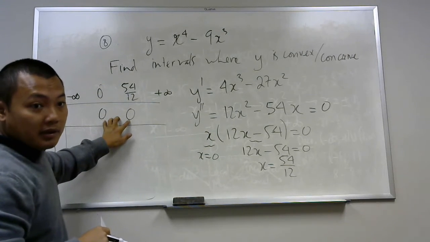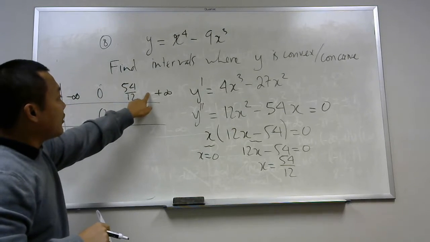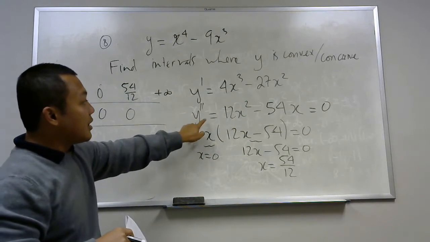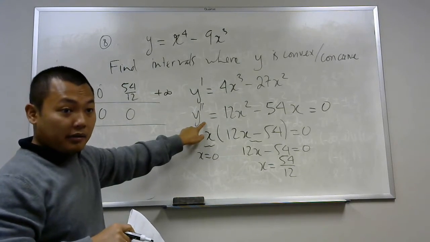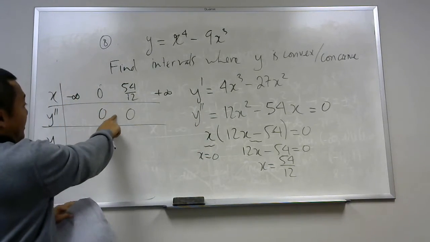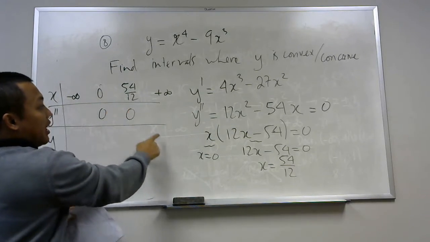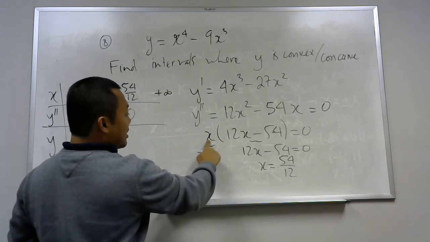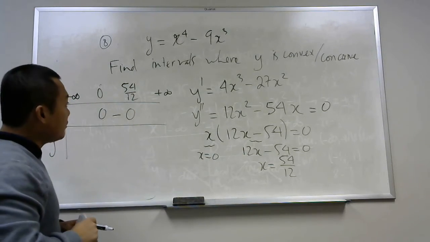Similarly to the previous example, I need to pick one point from here, one from here, one from here, and plug them into the second derivative to find the sign of the second derivative. So from here, I can pick 1 because 1 is between 0 and this number. I plug 1 into this. I get 1 is positive, here is negative, so the whole is negative.